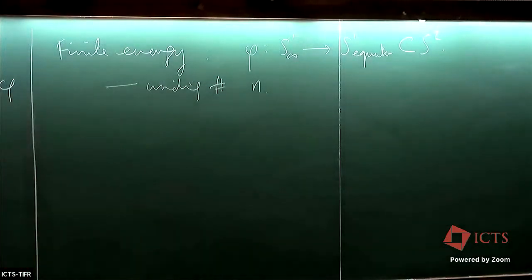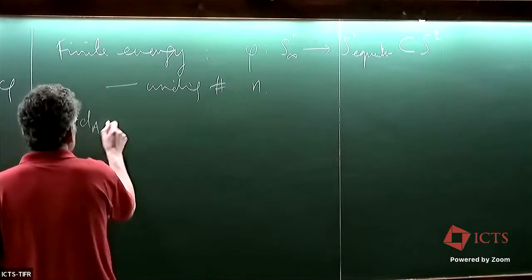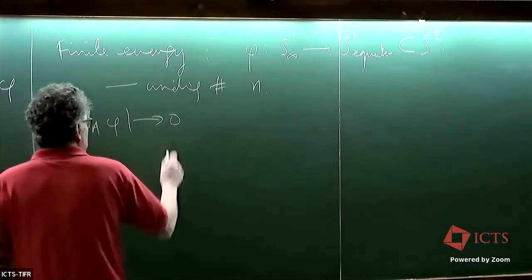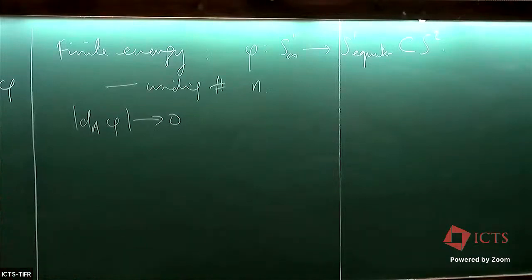Once again, finite energy requires that this term here goes to 0. And once again, exactly the same argument I went through in lecture 2 for the usual abelian Higgs model.